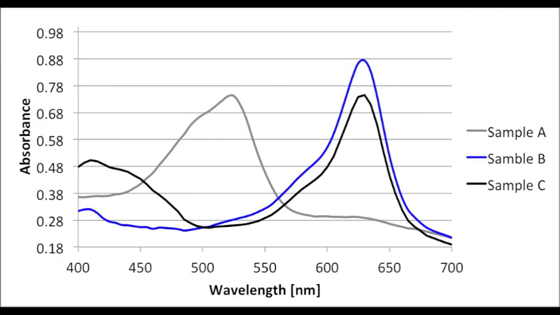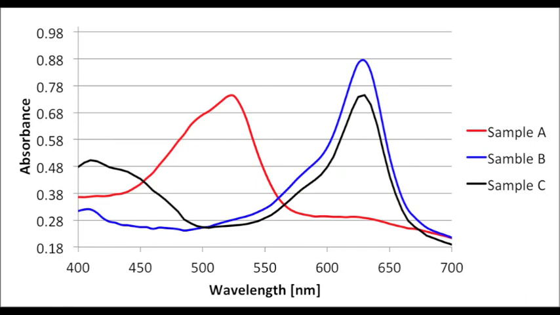Similarly, if I look at sample A, which absorbs far away from the red, we can see it's absorbing the blue and violet colors. This means that sample A is going to appear red because all of the blue, violet, and other low wavelength colors have been absorbed. Only the red 600 to 700 nanometer light is going to pass through.